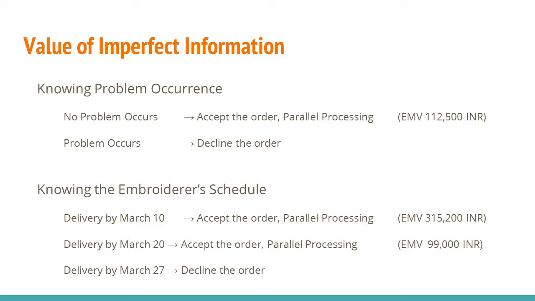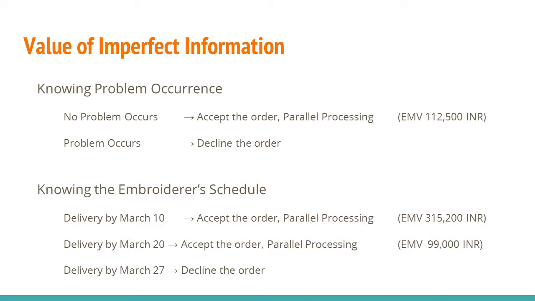If the problem did occur, he should decline the order. Also, assuming Darwin knew the delivery date of the embroiderer, if the embroiderer delivered the pioneer order by March 10 or March 20, Darwin should accept the order and produce under parallel processing.